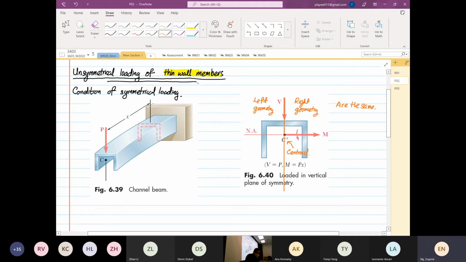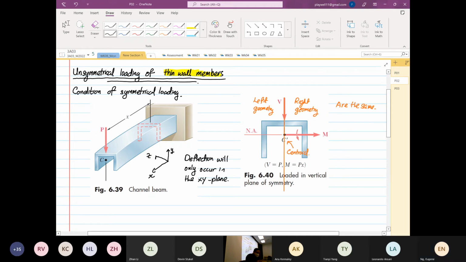Okay. So if we were now to sketch our transformation, X, Y, and Z, right? The bending, the deflection will only occur in the XY plane.